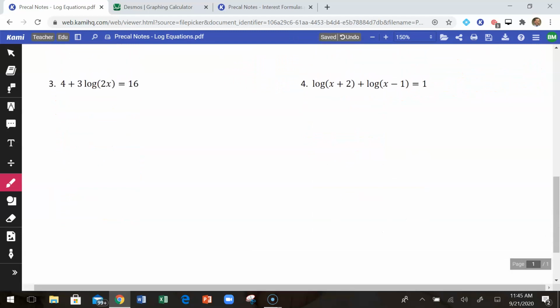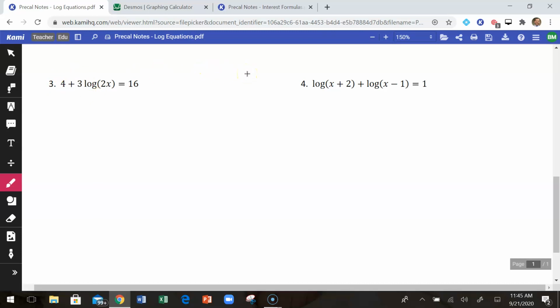Moving on, we have 4 plus 3 log of 2x equals 16. So again, the first thing I'm going to do is isolate it so I just have a single log on the left side. First, you cannot add the 4 and the 3 together because the 3 is multiplied here, so I can't do addition before I do multiplication.